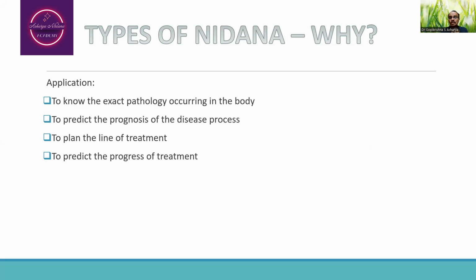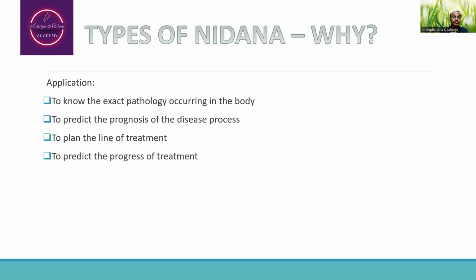So we have to be very particular regarding the number of pathogens, the source of entry of the pathogen, and the virulence of the pathogen entering the body. A mildly virulent pathogen may be responsible for a milder disease process, and the prognosis in that situation will be milder, good.